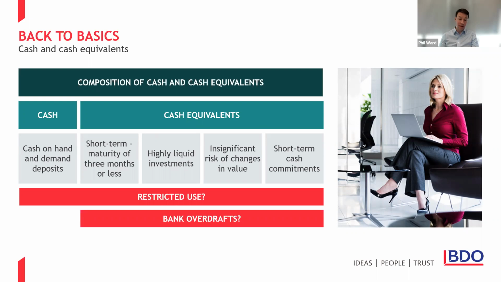Also need to think about any restrictions that exist over items that appear to meet the definition of cash and cash equivalents. These restrictions could result in the definition not being met. Additionally, restrictions over the use and access to cash can result in certain deposits being excluded from cash and cash equivalents in the cash flow statement.